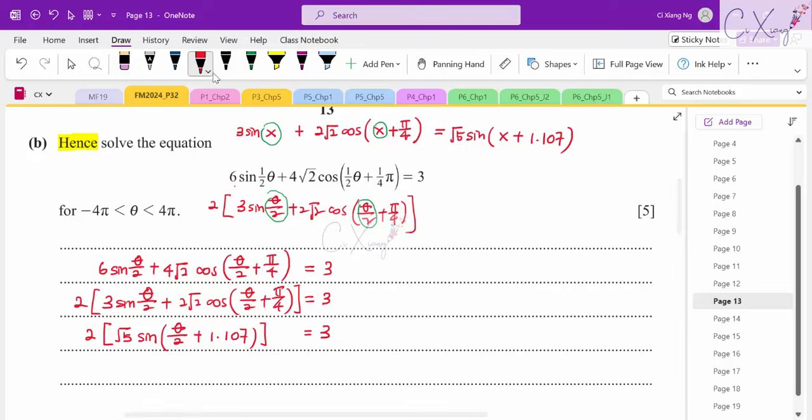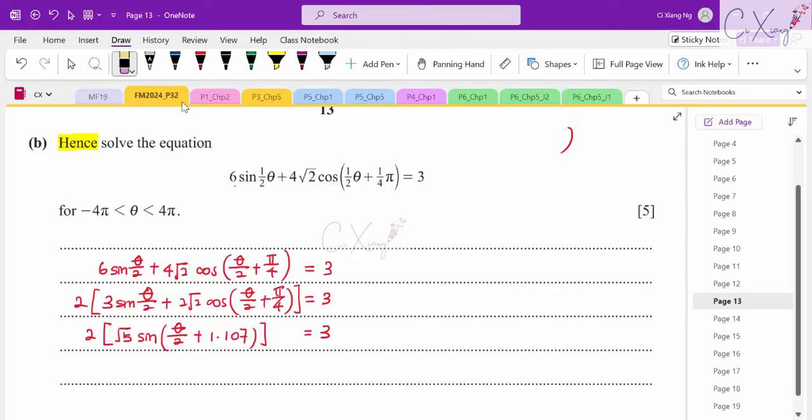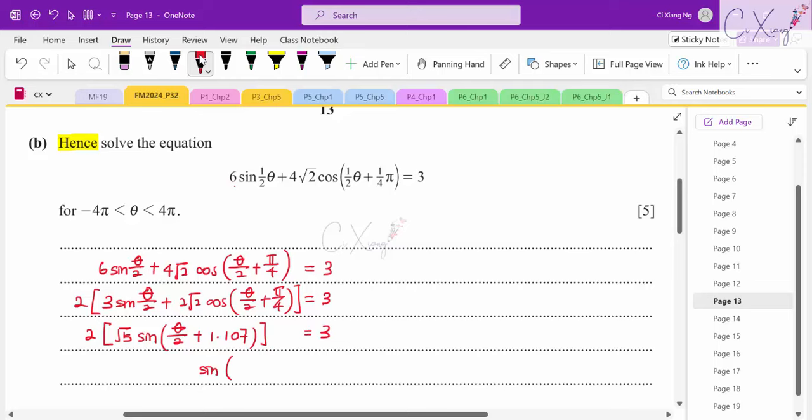Alright, then for this question, they want us to get the value for theta, right? So we can continue to solve the equation to get the value for theta. First of all, I try to move all the constant to the right hand side.